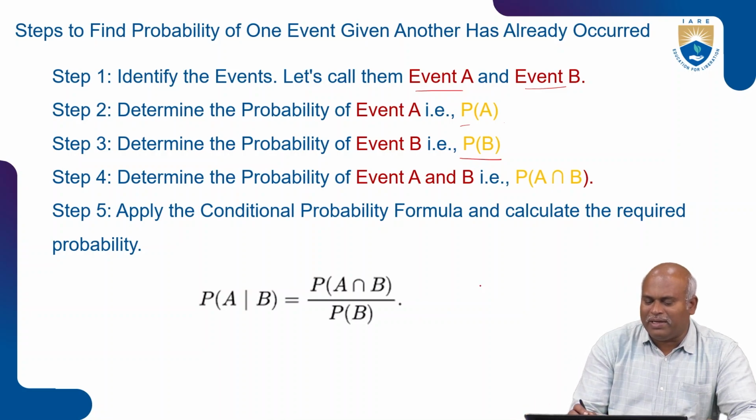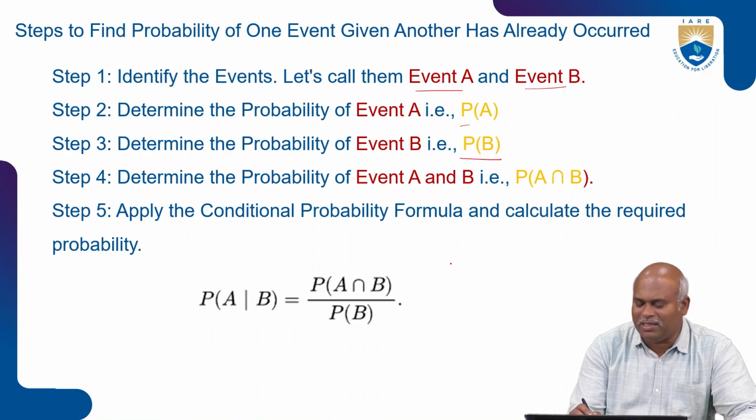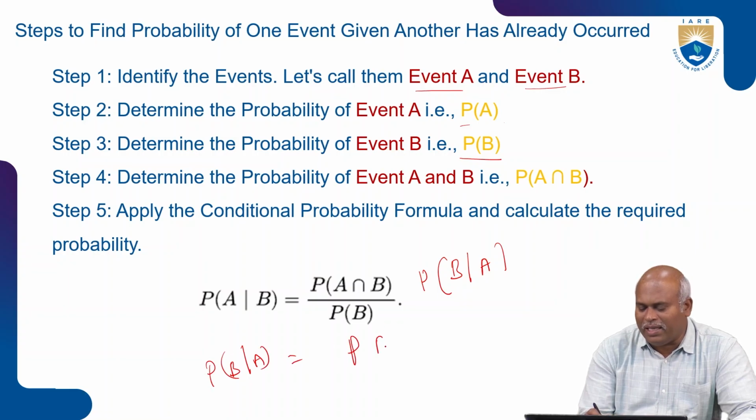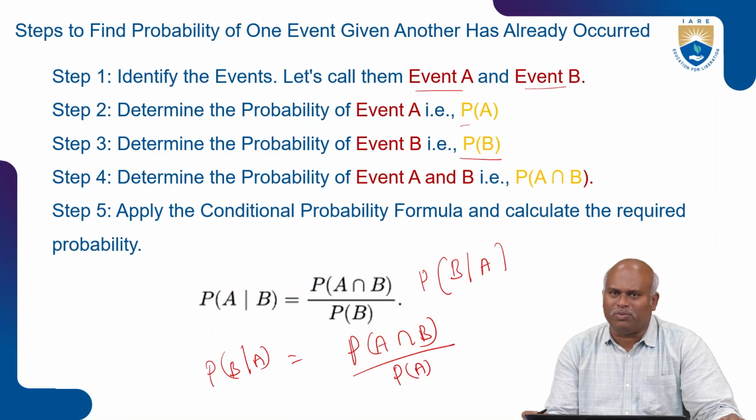Suppose the condition is reversed, that means B given A. The probability of B given A is P of A intersection B divided by P of A. We can write any possibility, that's no problem.